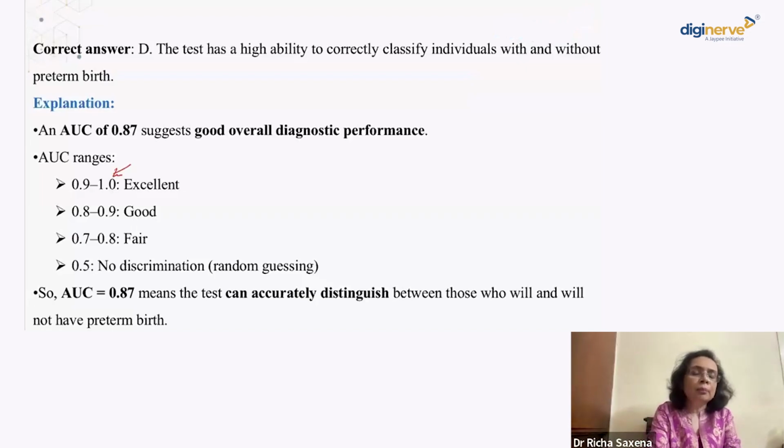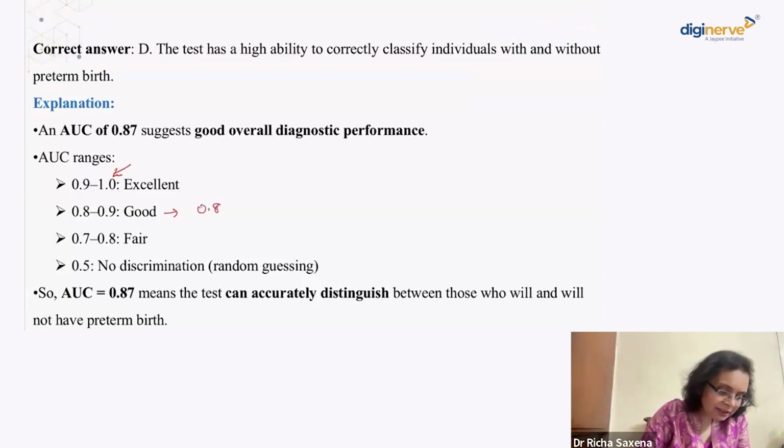If it is between 0.8 to 0.9, it is good. 0.7 to 0.8, it is fair. At 0.5, there is no discrimination occurring between those with the disease and those without the disease. So it is as good as random guessing. An AUC of 0.87 comes in this range. It is not excellent, but it has a good overall diagnostic performance.